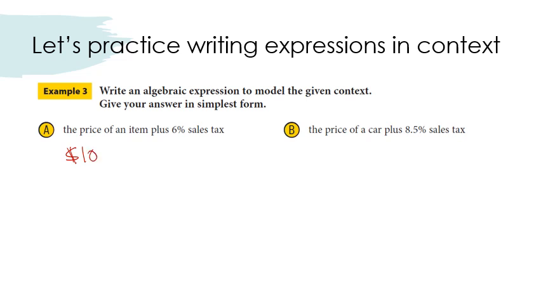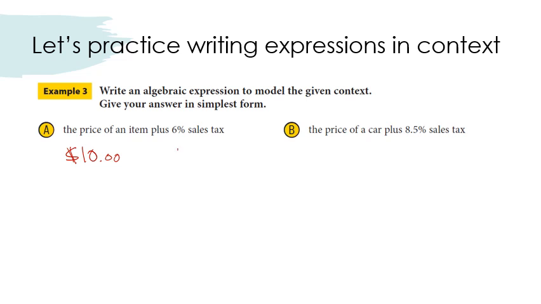We've got $10 for some item that we're going to buy. We go up to the cash register, they put it in, and then they add up. The cash register will automatically calculate the tax and add it together. What they're doing is finding 6% of your sale price.